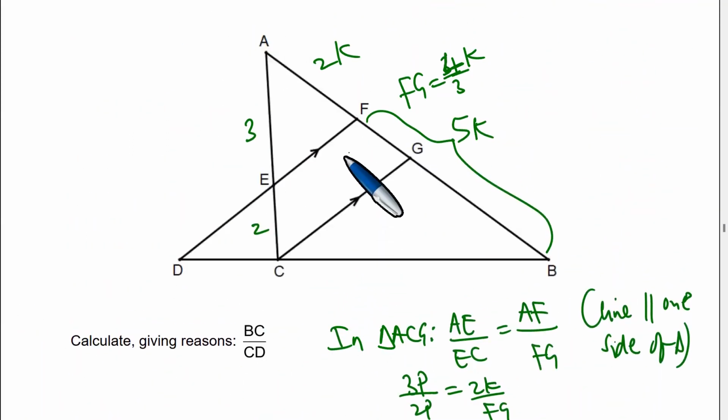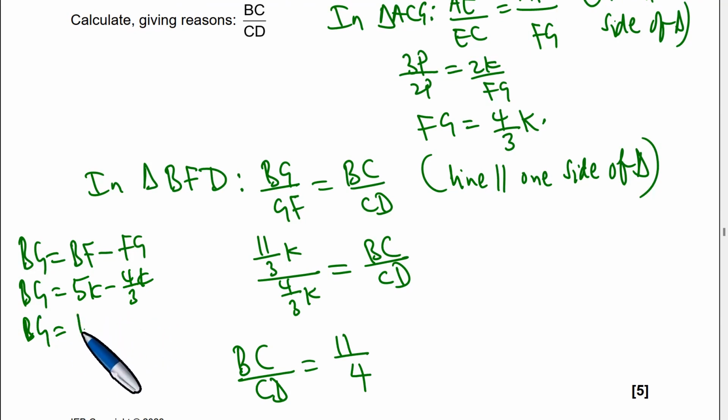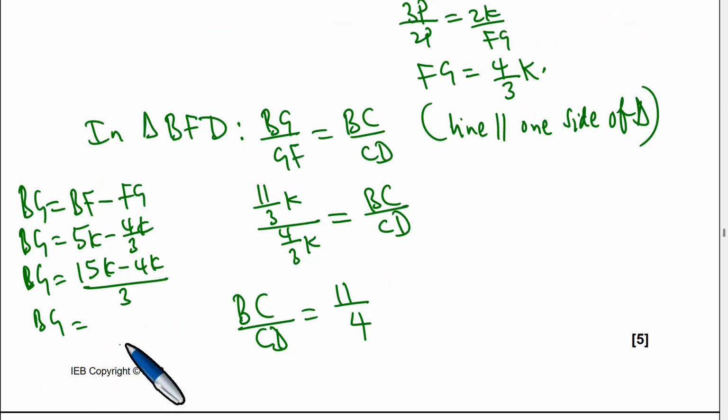What is BF? 5K. And this one is 4 out of 3K. What is 3 by 5? 15 minus 4K out of 3. BG will be the same as 11K out of 3.